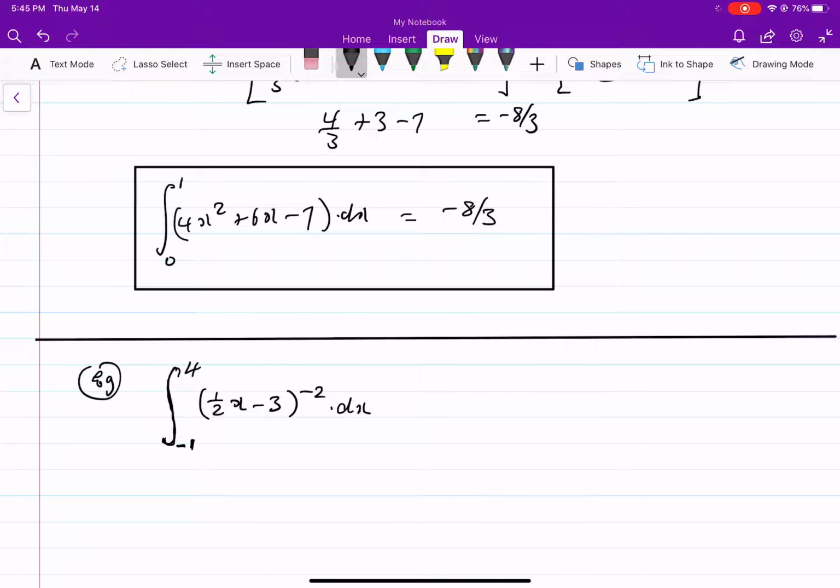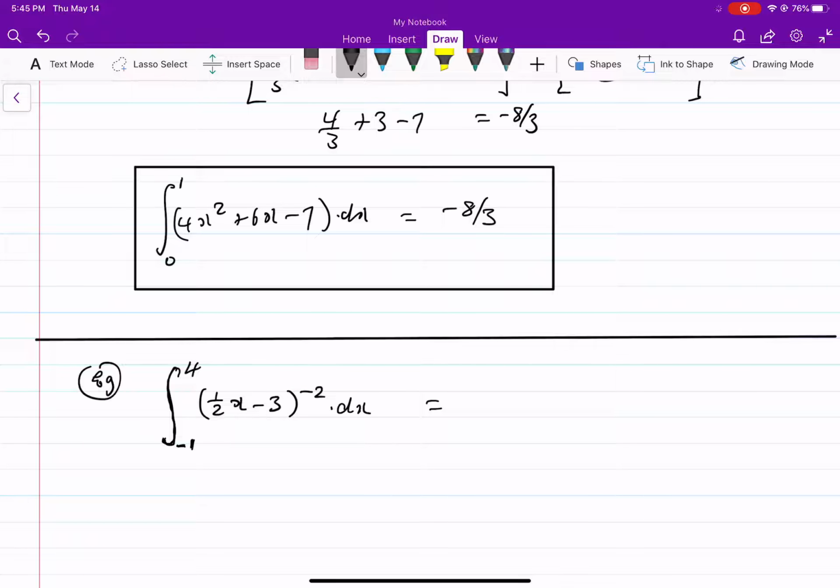Well, this is not a regular rule. This function is in the form f of x to the n, where f of x is linear. A half x minus 3, that's linear, and n is not minus 1.